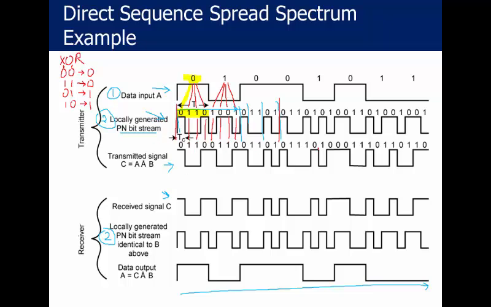So this data is sent and received at the receiver side. Once you have this bit stream, then you apply the code again. What happens here? This is 0.